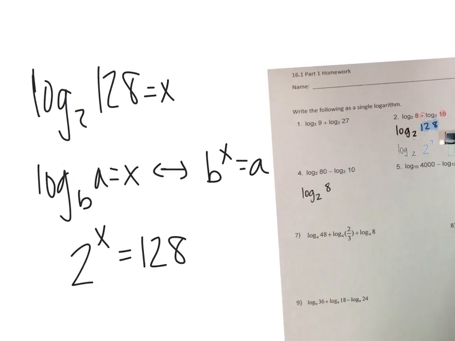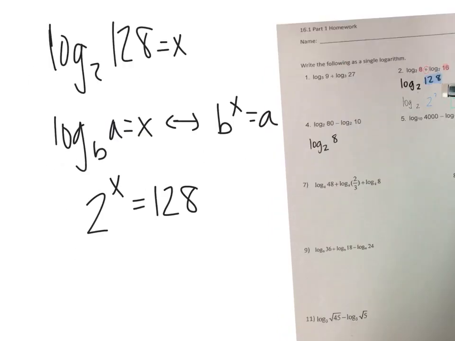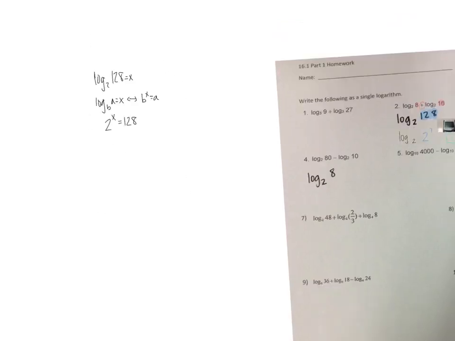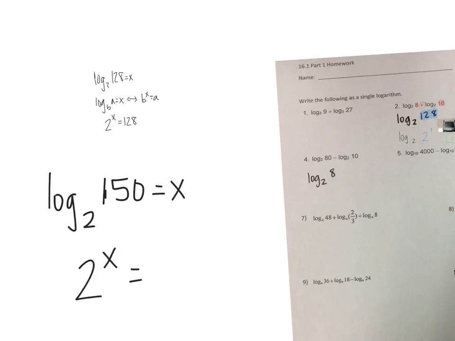But what if you had the log base 2 of 150? Well, 2 to what power is going to give you 150? Is it a whole number? Rewriting that, it technically means that 2 to some power equals 150.